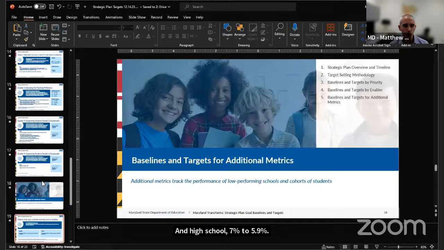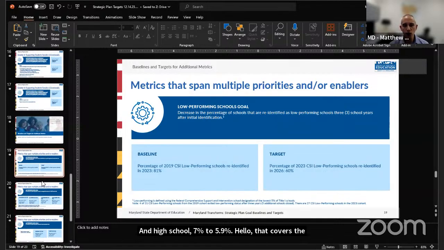We have a few additional metrics. So we have a few around low performing schools, and here we're defining them as schools that are identified as CSI, or comprehensive support and intervention schools, the low performing category. The goal here is to reduce the percent that are re-identified in the next identification 3 years later, which is the window of their support from the state.